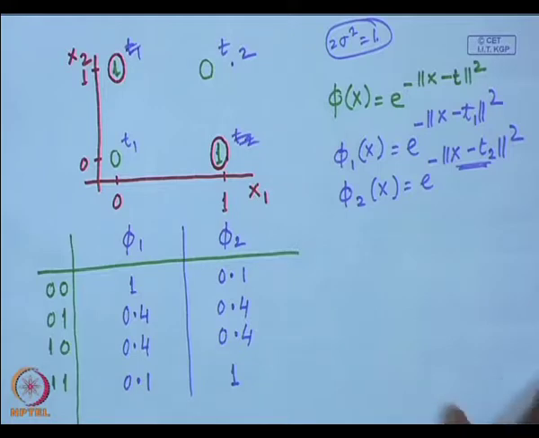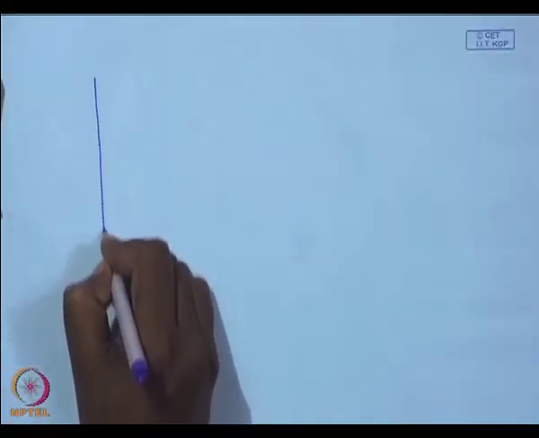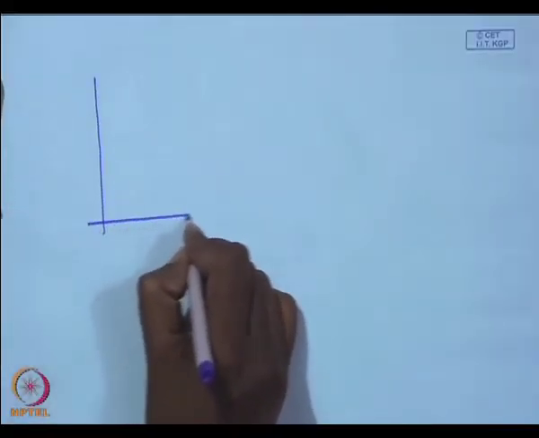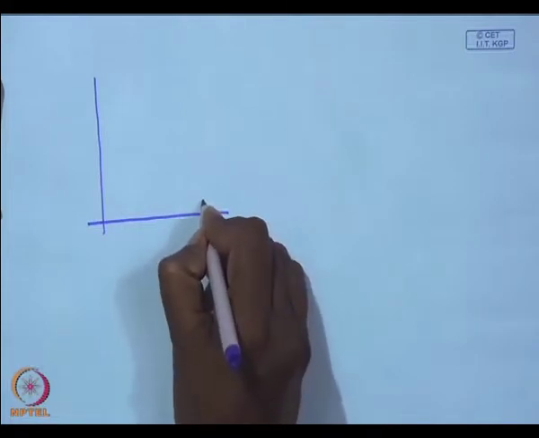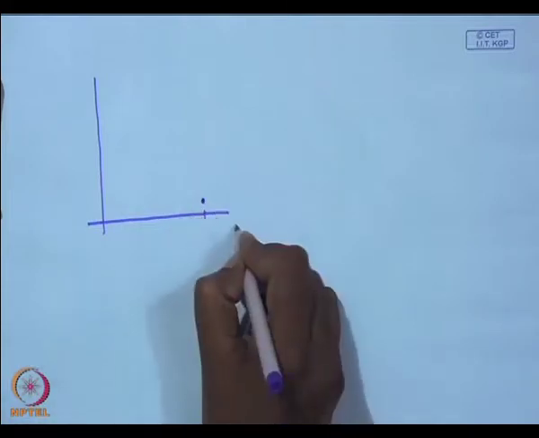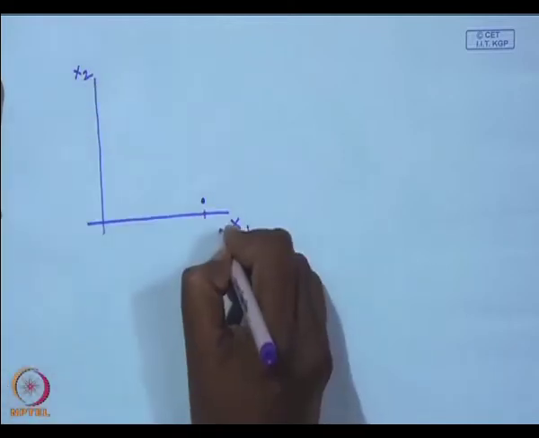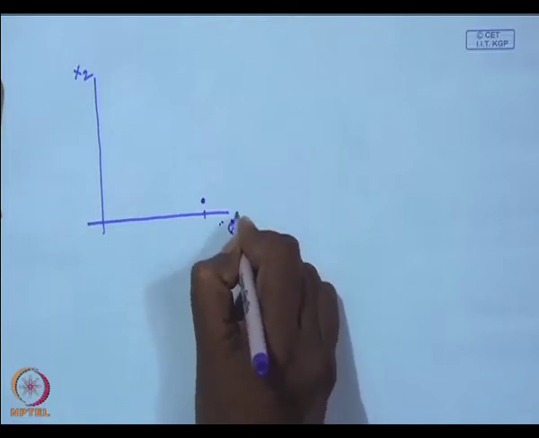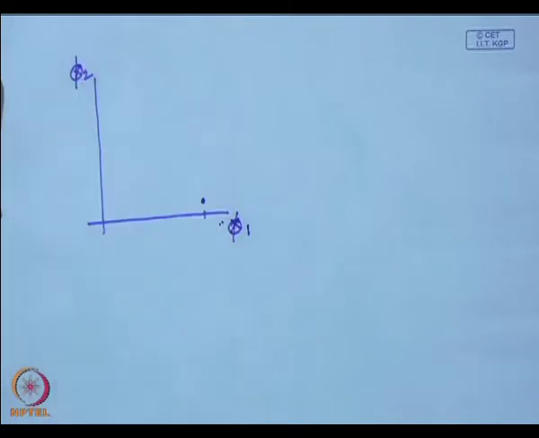So, if I plot this, the kind of plot that I have is: 0 0 is now mapped to 1 0.1, which will be somewhere over here. This is my x 1, this was my x 2. Now, instead of x 1 it will be phi 1 and this will be phi 2.